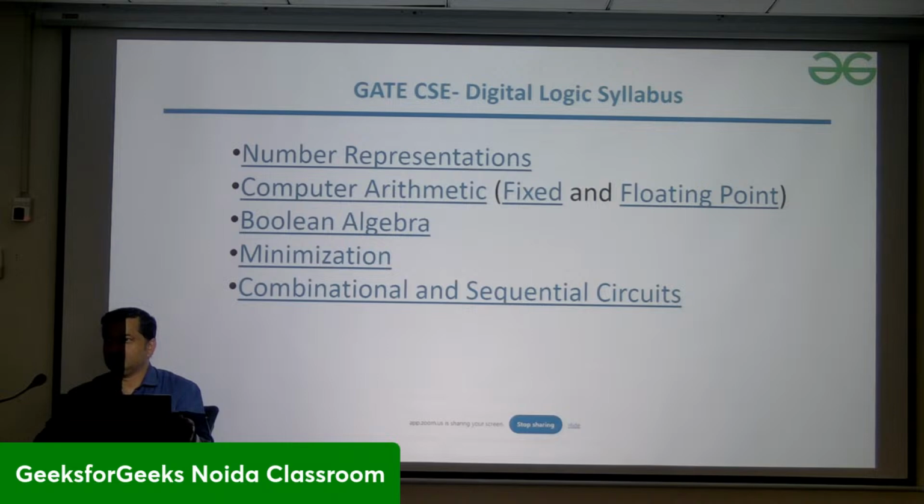Okay, so binary to decimal, decimal to binary, or octal, and so on. So we'll see that particular conversion over here, and then we'll see the computer arithmetic, like if we want to have certain addition, subtraction, multiplication on integers or in floating point. So how floating point numbers are going to be represented in memory. Okay, how signed number is going to be represented in memory. So all this has to be taken care in this computer arithmetic.